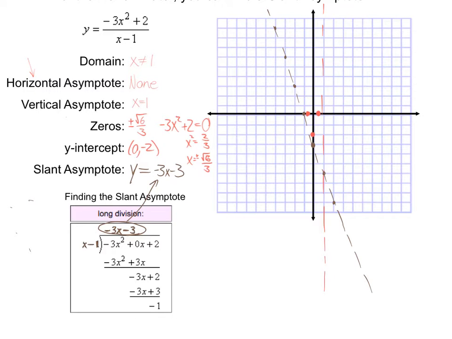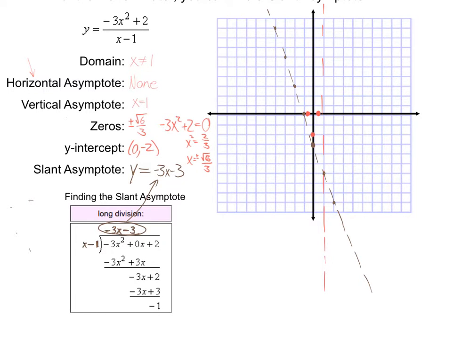You can see our slant asymptote is pretty vertical. I mean, it's not completely vertical, obviously, but it's pretty up and down, so we are going to either have a case where our graph looks like this, or where it's going to be in here and it's going to be really skinny like this. We have one of those two options.